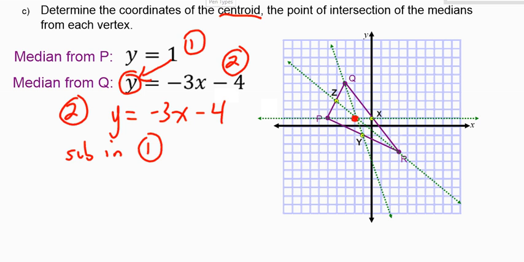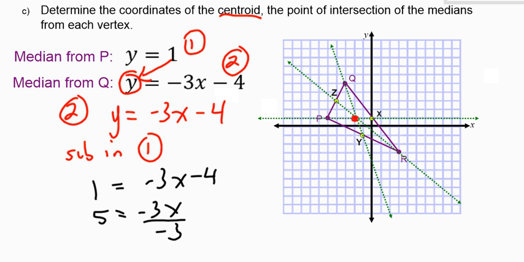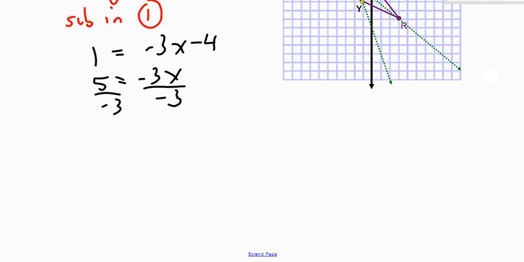And in this case, y equals 1. So 1 equals negative 3x minus 4, and now I can solve for x. So add 4 to both sides and divide by negative 3, and I get an x value of negative 5 over 3 equals x.